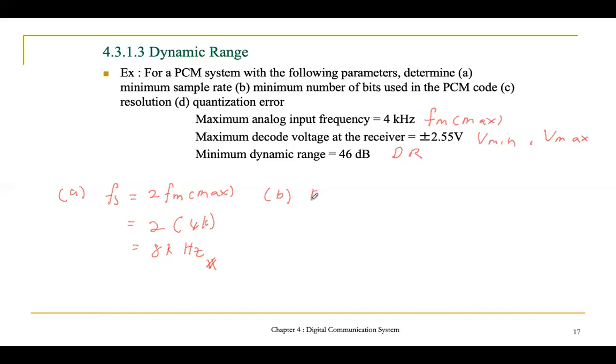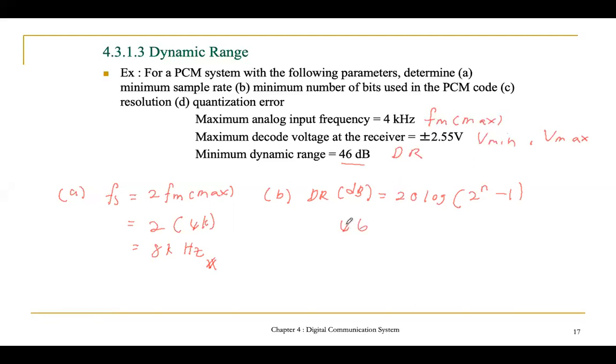So you can use the formula DR in dB, because the value here is in dB, is equal to 20 log 2 to the power of n minus 1. So this is 46.